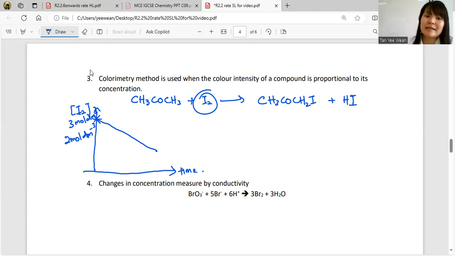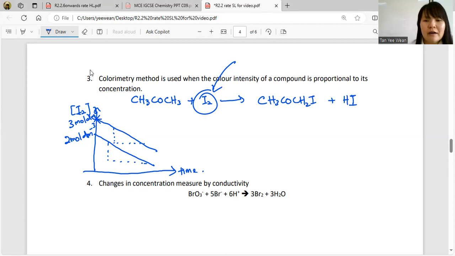But actually that does tell you something. It shows that the rate is not dependent on the concentration of I2. So how do I get that here? You see, the gradient here is the same as this, which means if I have a 2 mole per dm cube I2 or a 3 mole per dm cube I2, I get the same rate. Okay, so same gradient means same rate.